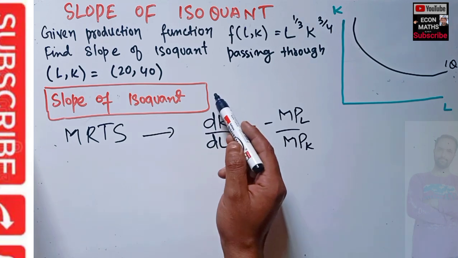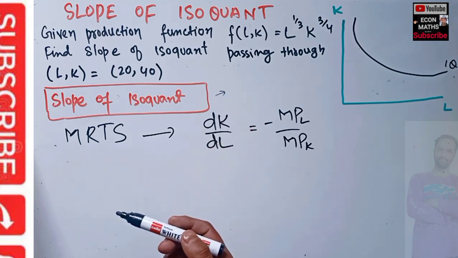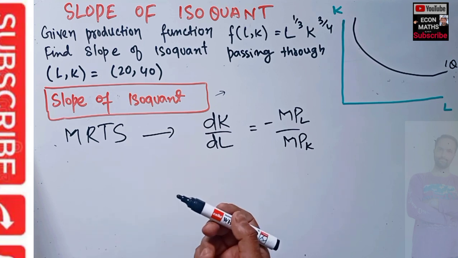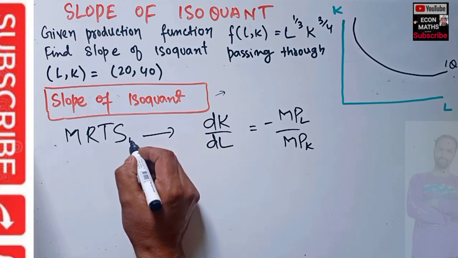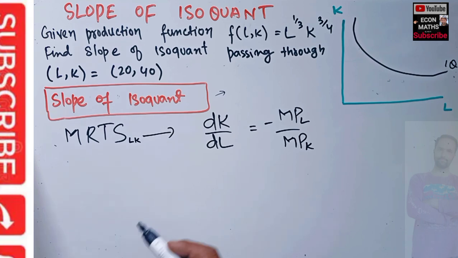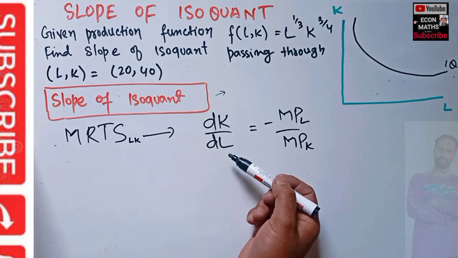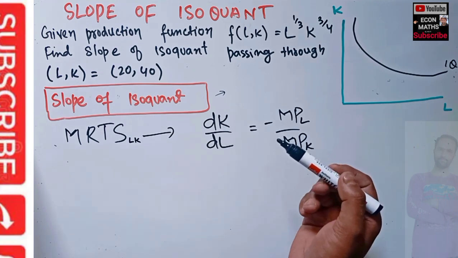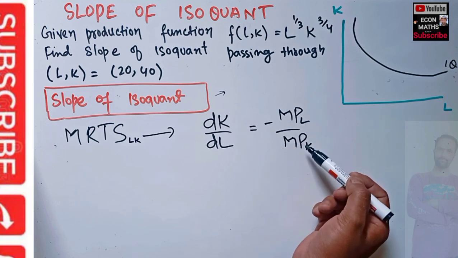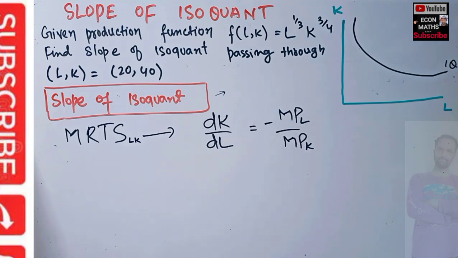Now the slope of the isoquant is simply given by the marginal rate of technical substitution between labor and capital, which is equal to dK/dL, and which in turn is equal to minus the marginal product of labor upon the marginal product of capital.